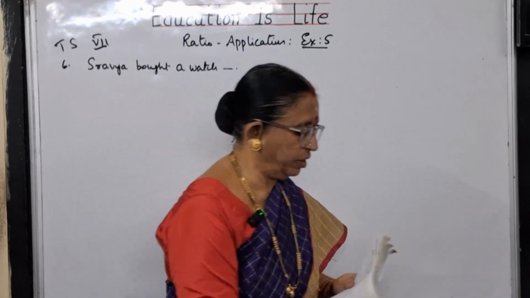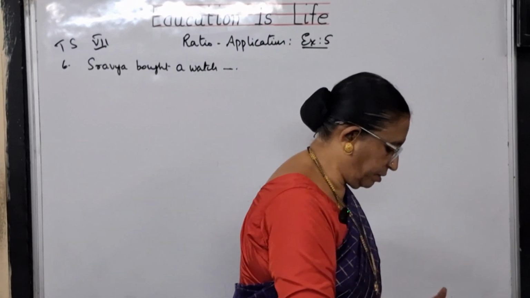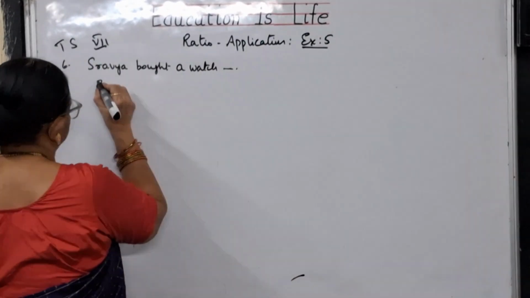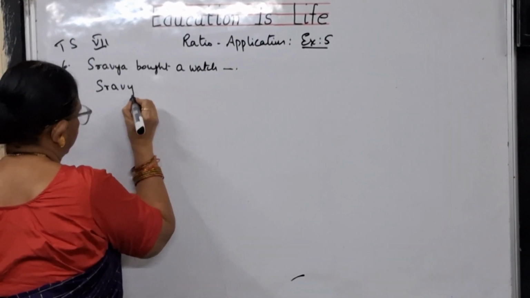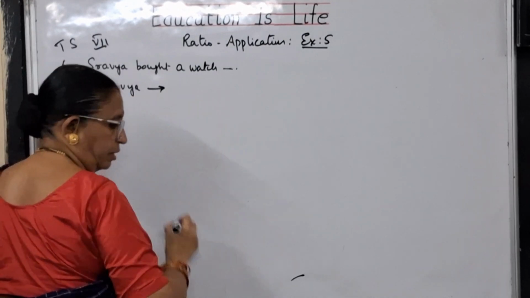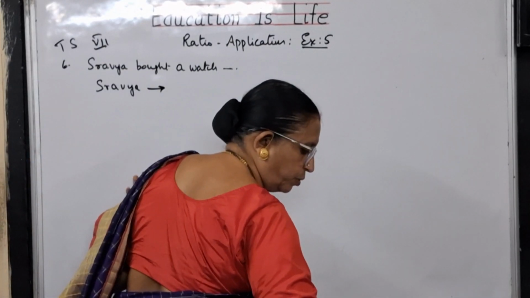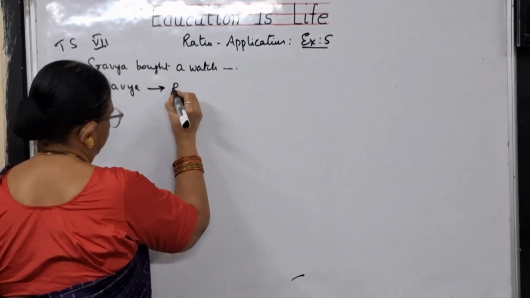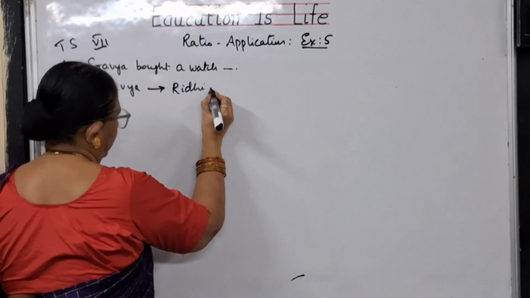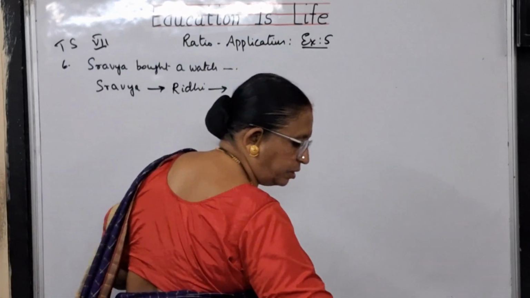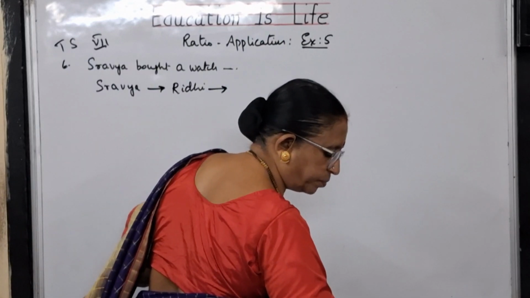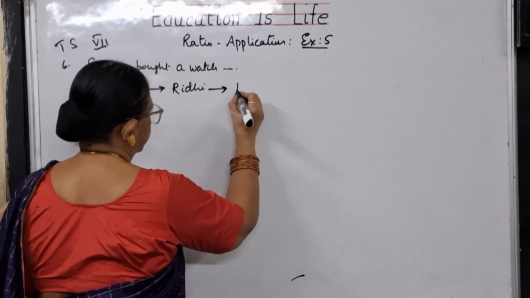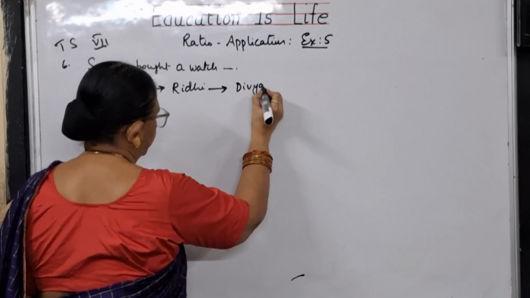So here you see, children, three persons are involved in this problem. First, Shravya sold it to Ridhi, and this Ridhi sold it to Divya. This is the problem, children.